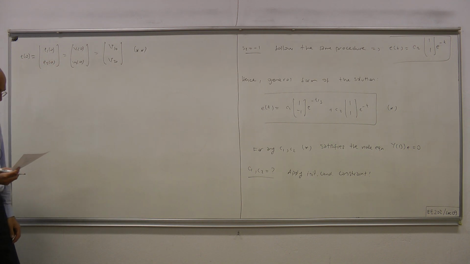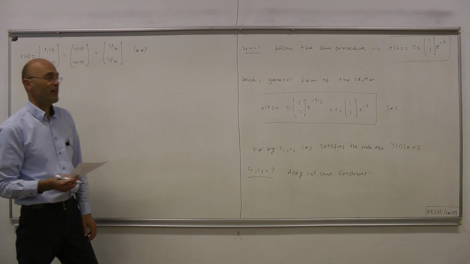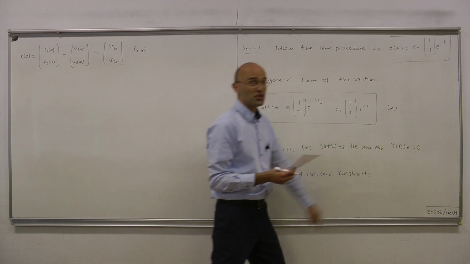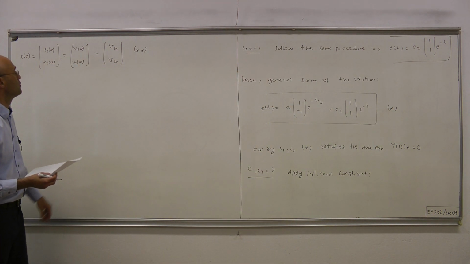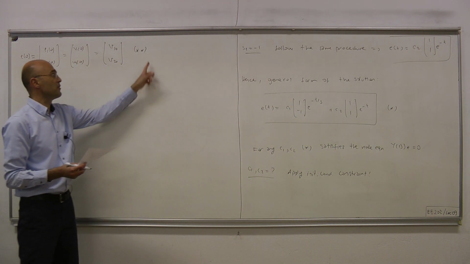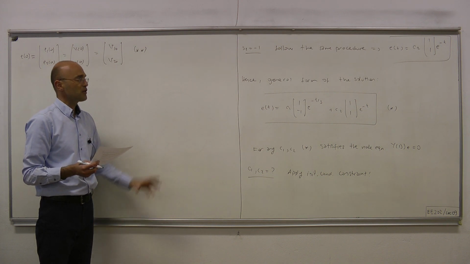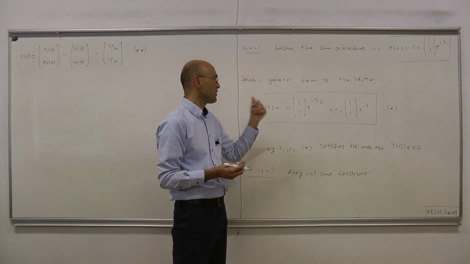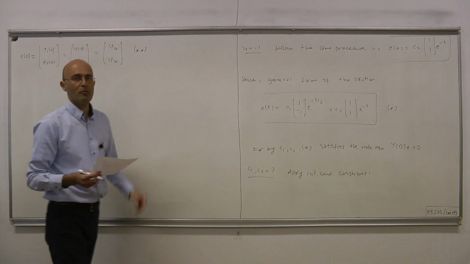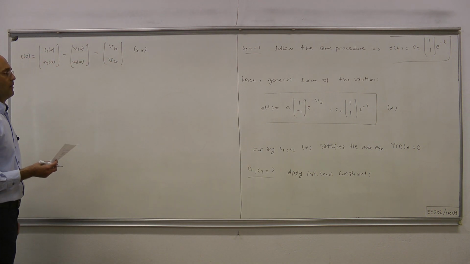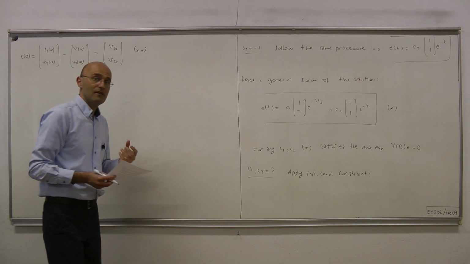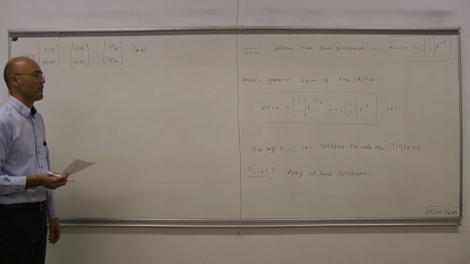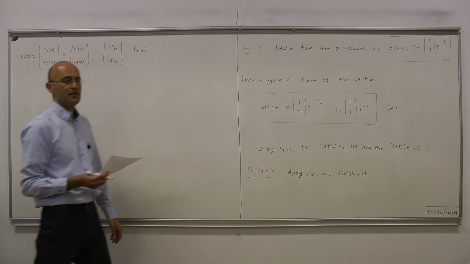So this solution, therefore, must simultaneously satisfy star for C1 and C2, and also double star, the initial condition constraint. If we combine those two equations, C1 and C2 should automatically appear, because there's nothing else left from the constraint point of view to apply on our candidate E of t.